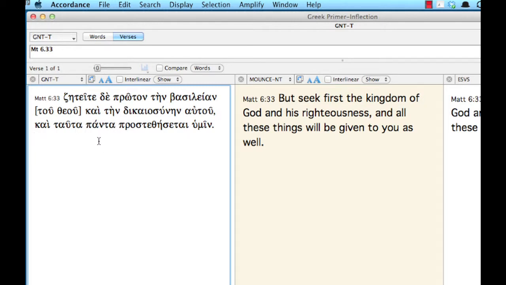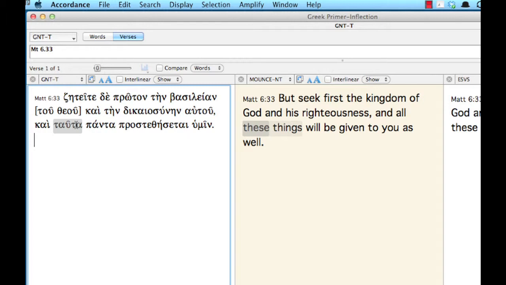And what we're going to learn in Church Greek is that tauta is a pronoun, and pronouns have antecedents. They have something they refer back to. And what does tauta refer back to? Well, it doesn't refer back to expensive cars and elaborate houses. It refers back to food and clothing, right?